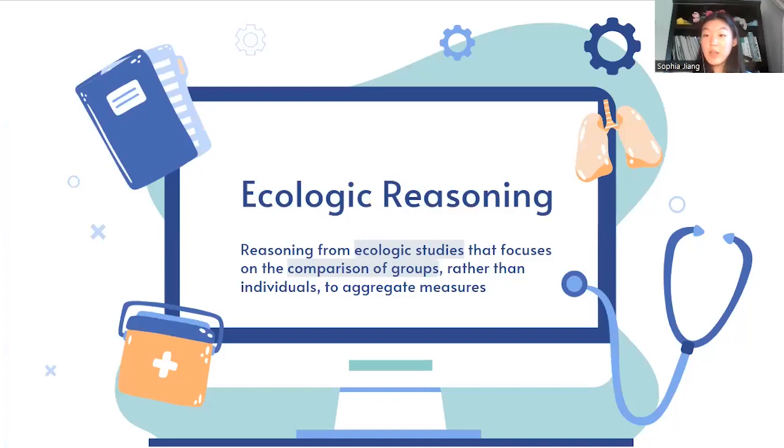So if we go back to the question, the issue is if we are aggregating these measures and combining these people into groups, we're losing some information that comes from the individual. And who's to say that in this one group, all the characteristics are the same? Like if I give an example, there's a case of E. coli going around, and you think a cause is this particular food item at a picnic, and you're saying, okay, my groups are people who ate the food item and people who didn't eat it.